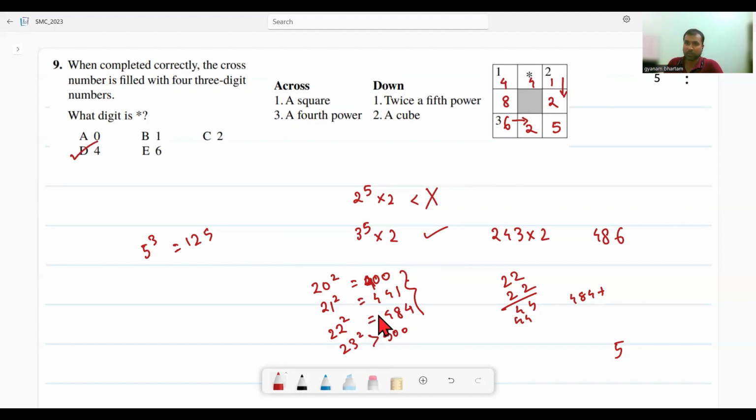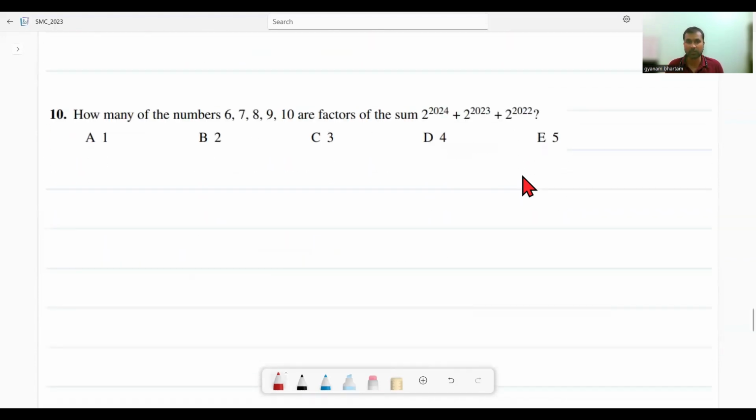If you take any other number, with 400 we have 6 cube which is 216, then 7 cube which is 343, and 8 cube is 512. So none start with 4, or 0 obviously. So 1, okay, this is the choice we are left with. We go to the 10th one.